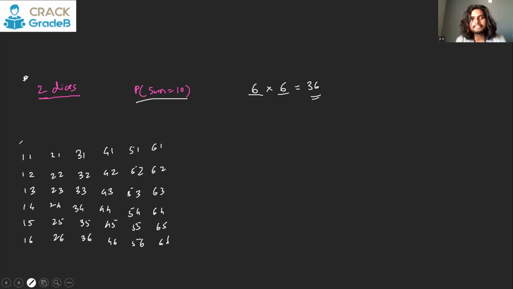So there are these 36 cases which are our sample space. So the denominator is going to be 36.